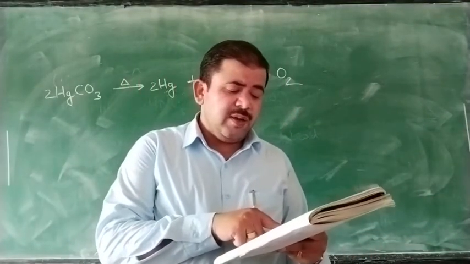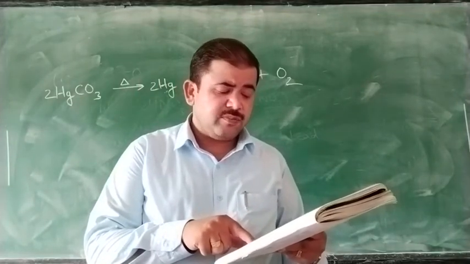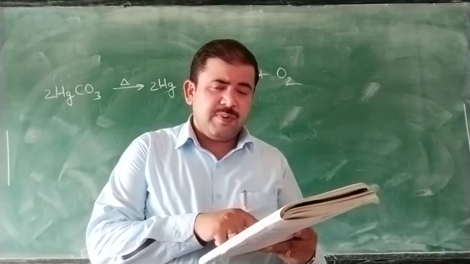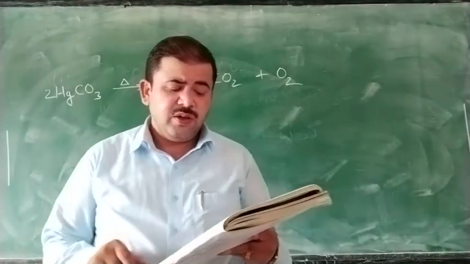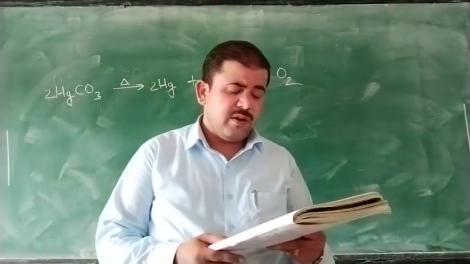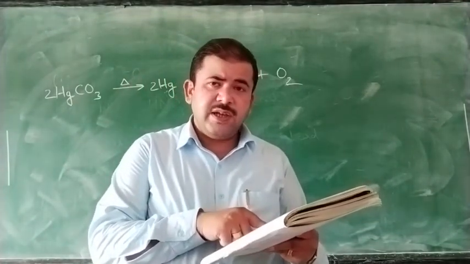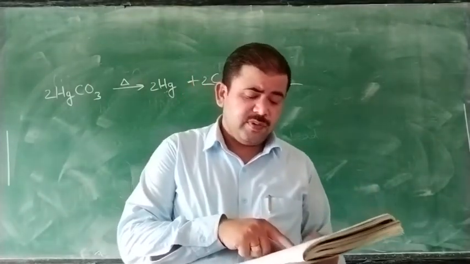And the second, AB changed to A plus B, so this is the decomposition reaction. Third, X plus Y minus plus A plus B minus, means these are given, so this is the double decomposition reaction. And fourth, X plus YZ, so this is the displacement reaction.